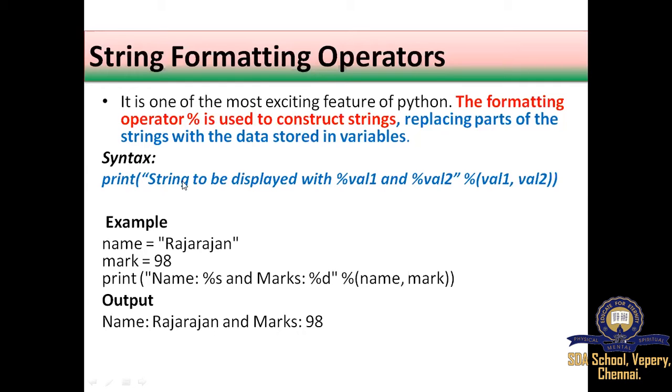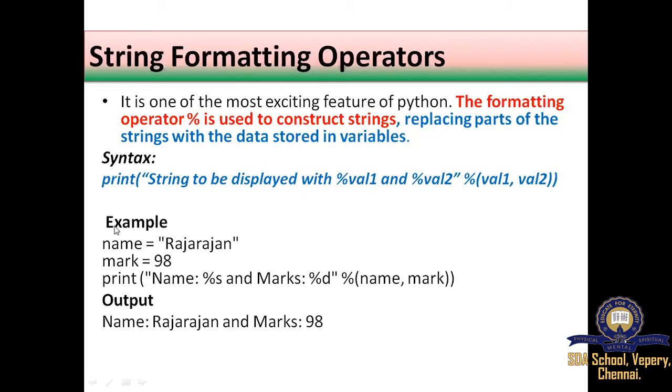Now the syntax is given here: print the string to be displayed with %value1 and %value2. There are two values going to be printed on the screen. Based on the formatting string you use, we can tell what type of value you're going to print along with the string.